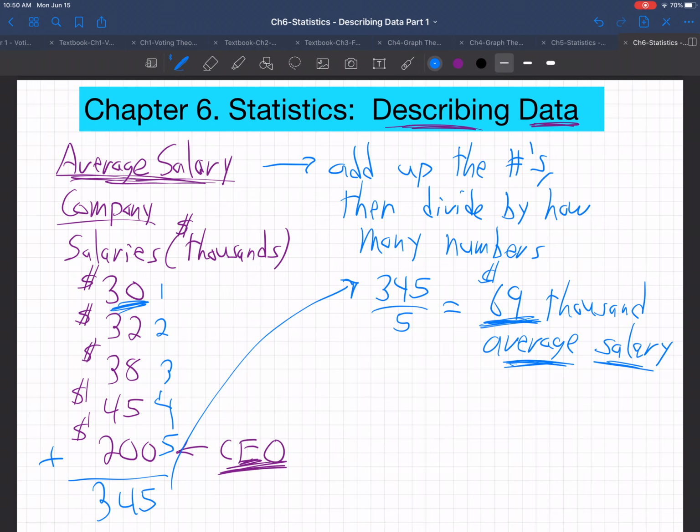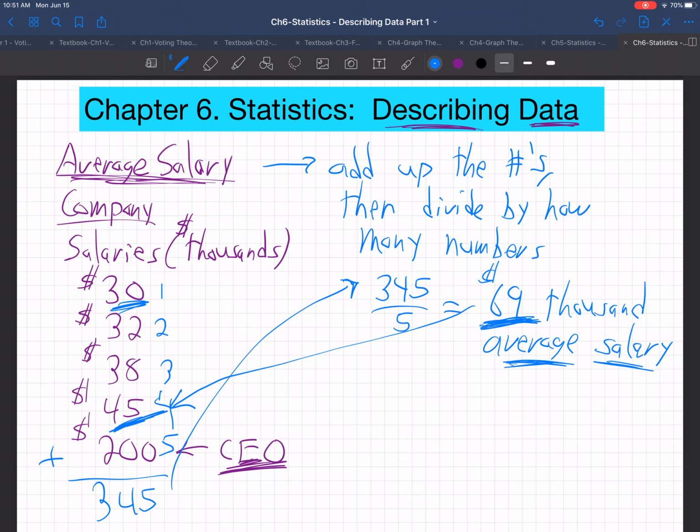That'll be my average salary, and you're figuring out what you need to live on and all that. Is that true? Is that what people typically make at this company? No way. Even the employee that's been there the longest, other than the CEO, only makes 45, which is just barely over half of 69.